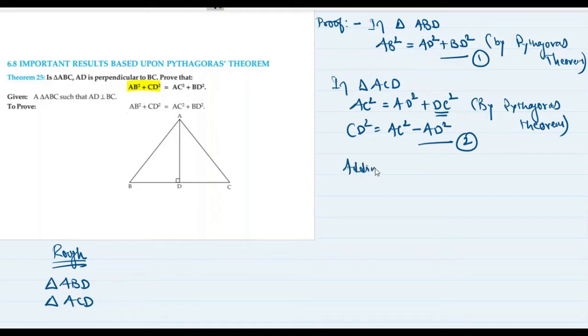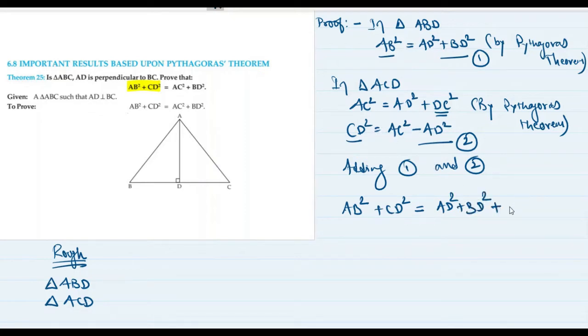Adding 1 and 2, what do you get? AB square plus CD square is equal to, see, on the left hand side we have got AB square and CD square. What are the values of AB square and CD square? AB square value is AD square plus BD square, plus CD square's value is AC square minus AD square.